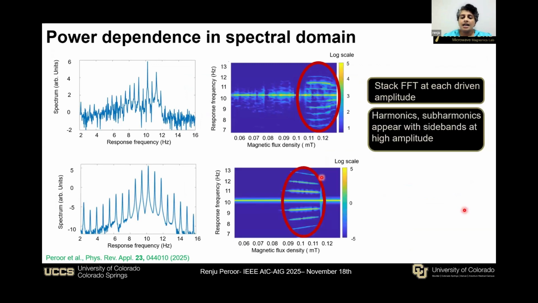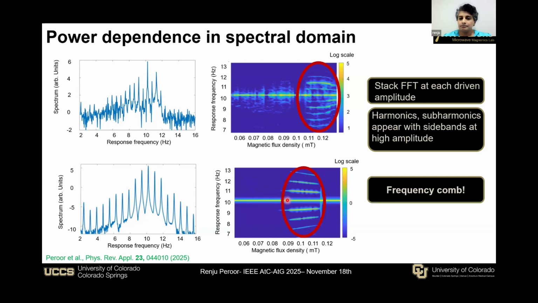At lower amplitude, we see a single ridge. And as the drive increases, harmonics and subharmonics appear with sidebands. Beyond a threshold amplitude, we can say that a clear frequency comb appears.